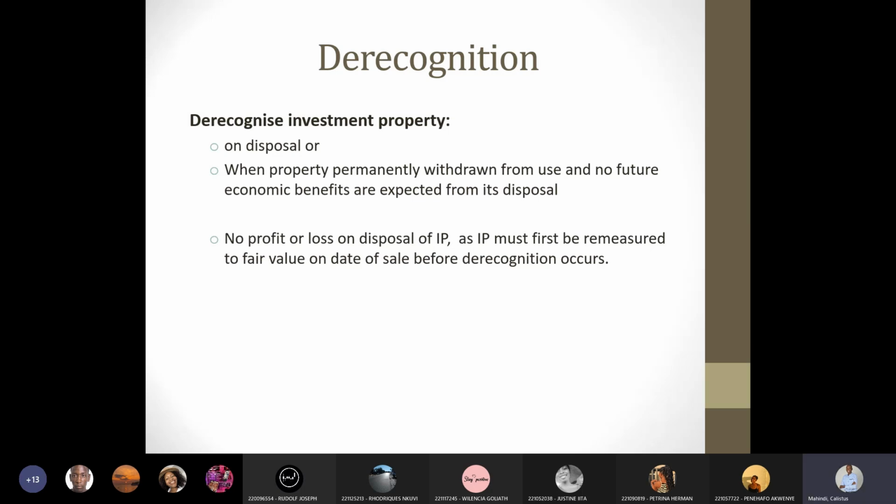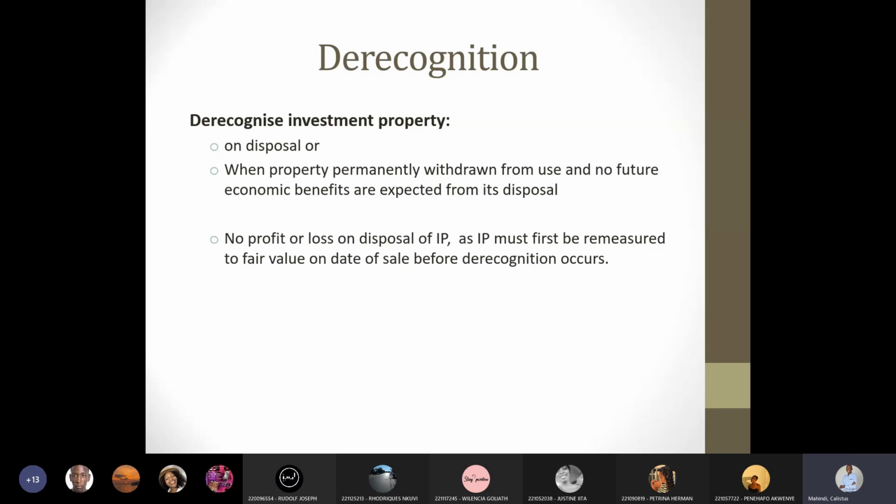When there's a change of use, so investment property becomes inventories, or it becomes property, plant, and equipment, then we have to remove it or declassify it from investment property and classify it either as inventories or as property, plant, and equipment.